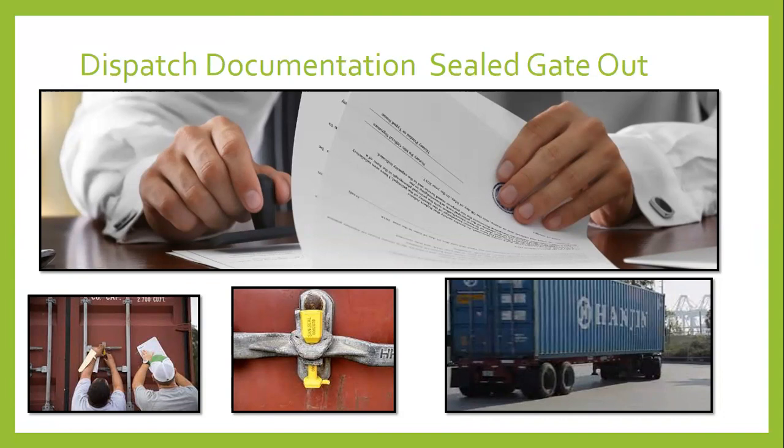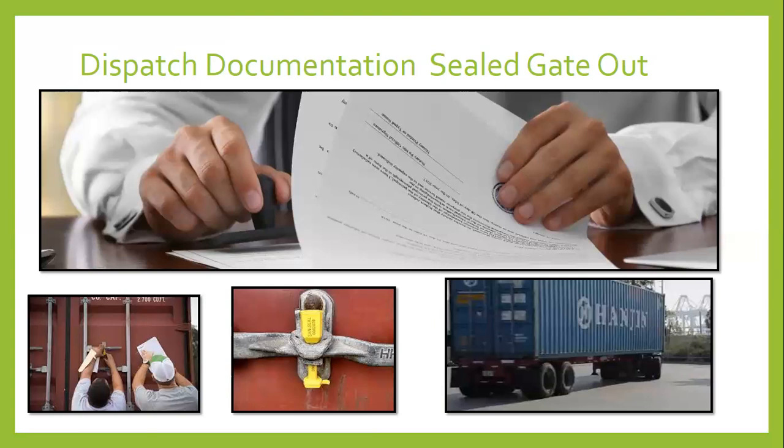Then we start the documentation part for customs clearance. Earlier we already prepared the commercial invoice and packing list, and now we need to update the container number in the packing list.